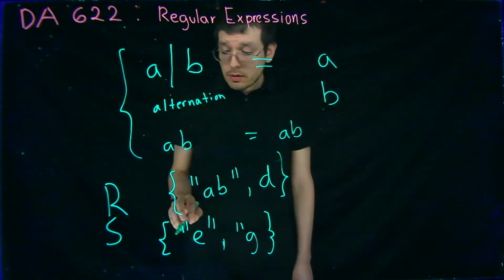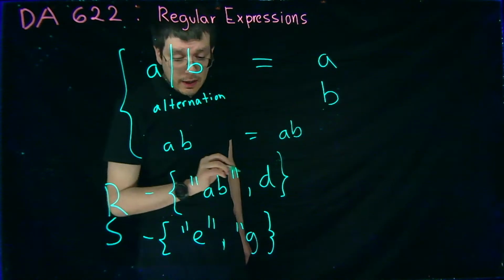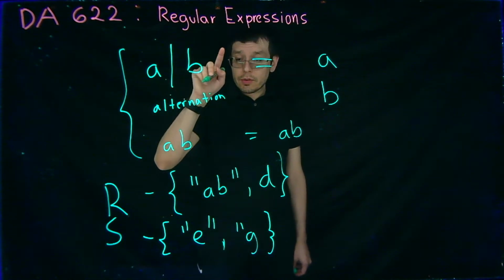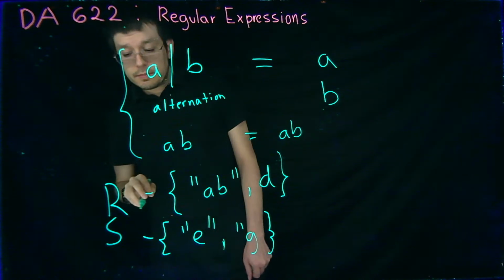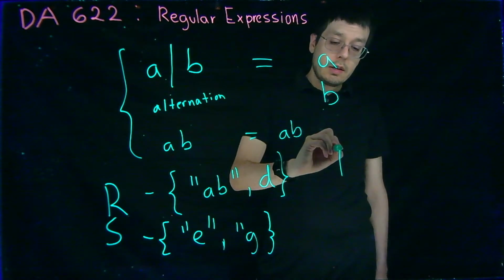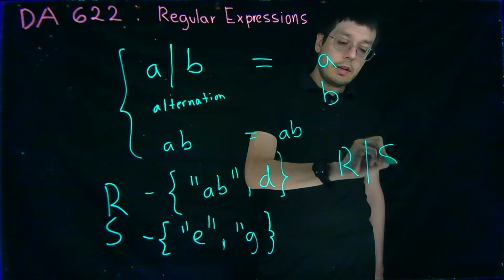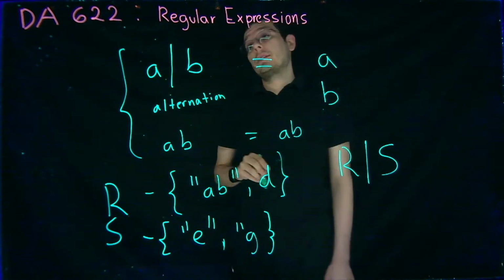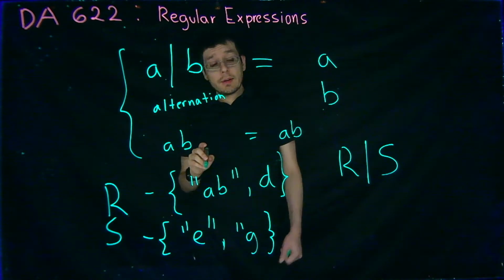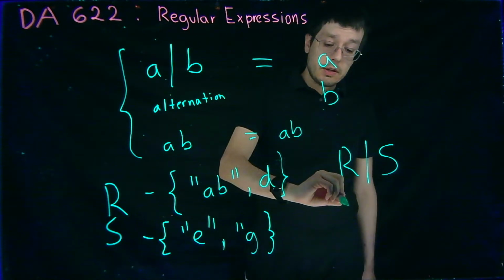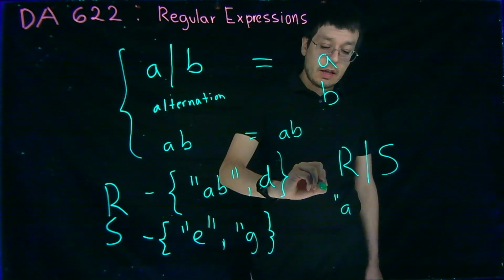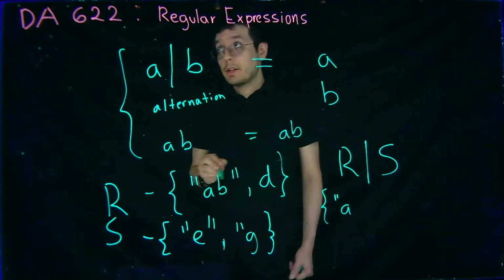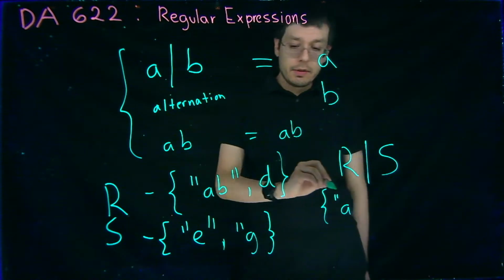Okay, so if I have these two sets, and I use the OR, and I say R or S, and I ask you what this would generate in terms of the output, it could be any of these. What is the dictionary of words that could go in here?